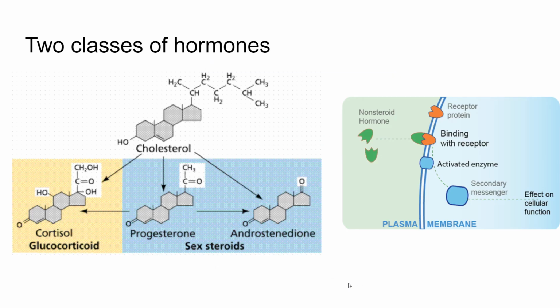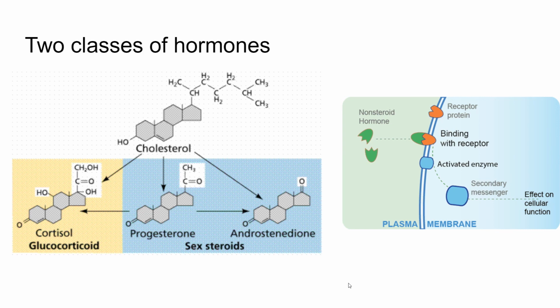There are two main classes of hormones, and they are amino acid based hormones, like you see there on the right. These can be straight up amino acids or proteins. And then you have steroids, which you see on the left.